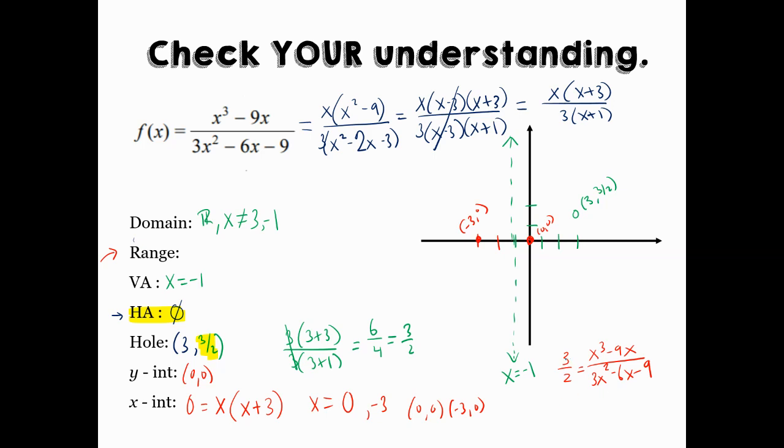So if I multiply 3 by all of this, it'll give you 9x, nope, 3 times 3 is 9. 9x squared minus 18x minus 27 equals 2x cubed minus 18x. Those 18x's are going to cancel, aren't they?